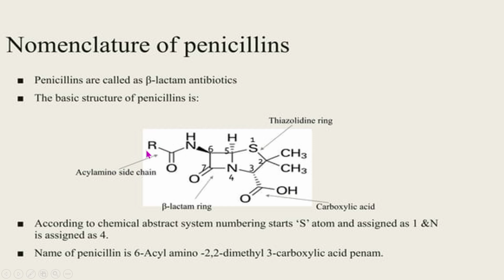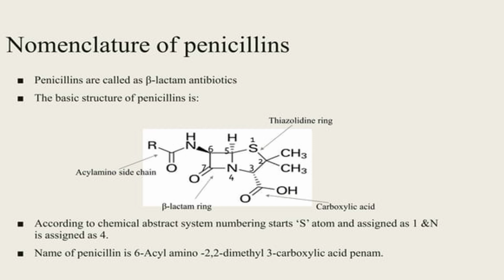This acyl amino side chain may be an aliphatic group or it may be an aryl group. Depending upon that, if we substitute this R with either an aliphatic or an aromatic group, it will give a variety of actions depending upon the structure activity relationship.